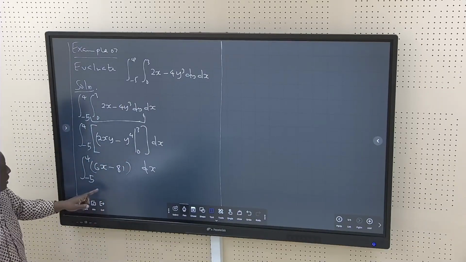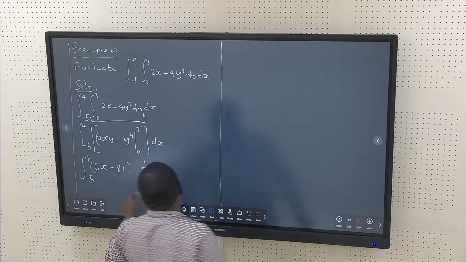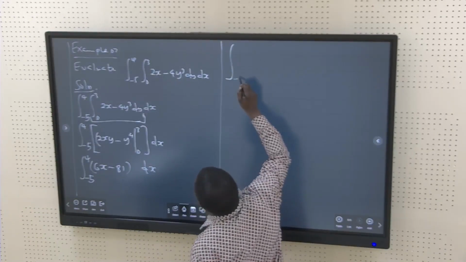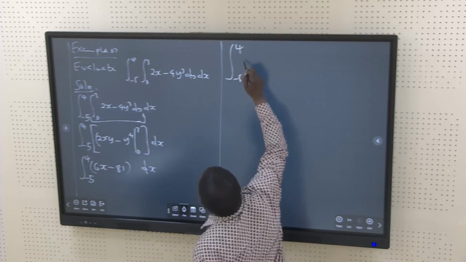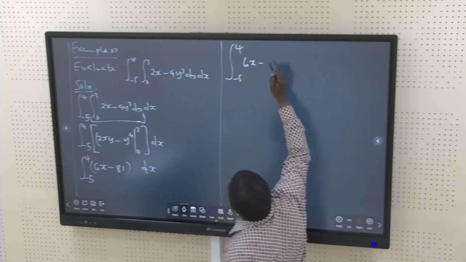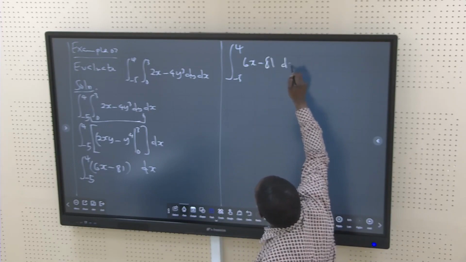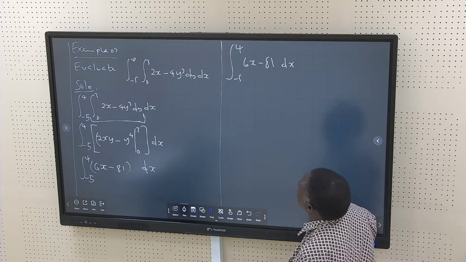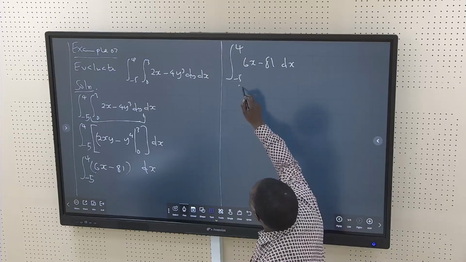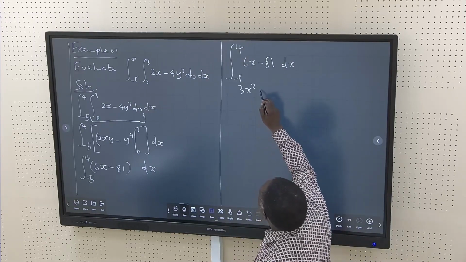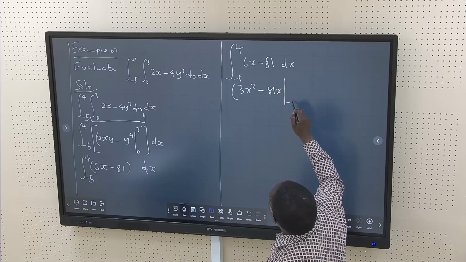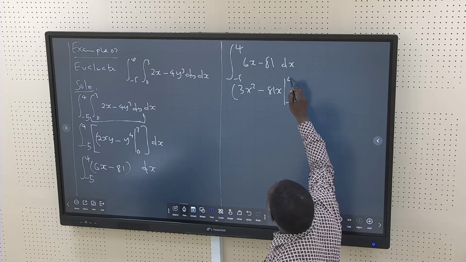Then again, we keep on evaluating from negative 5 to 4. We have 6x minus 81 with respect to x. So we integrate again with respect to x, and we'll have 3x² minus 81x, from negative 5 to 4.